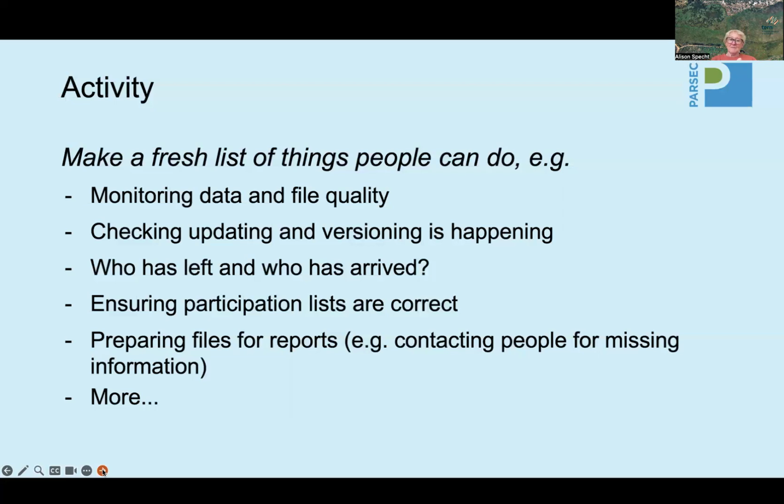Okay, here we are, another activity. Make a fresh list of things people can do. You did one for straight DDOMP tasks back in Module 2. Now is another time to take stock, because the project has proceeded, so someone's left and someone has arrived.